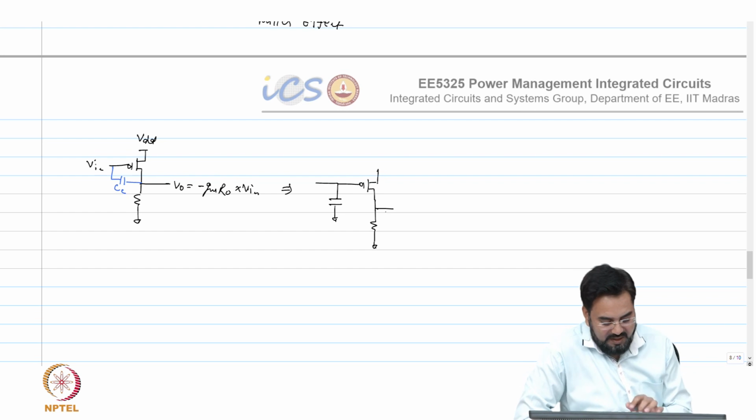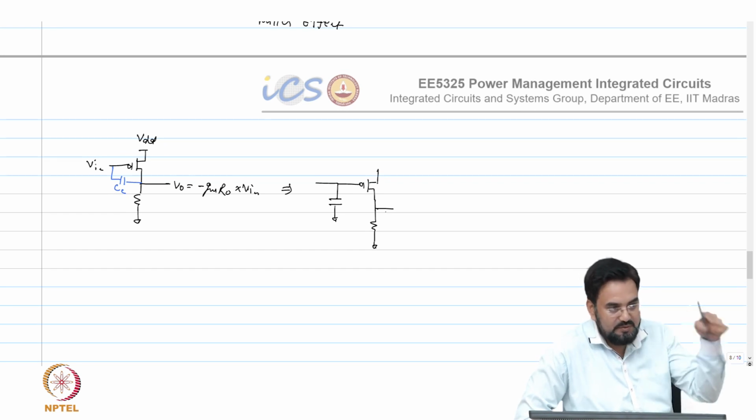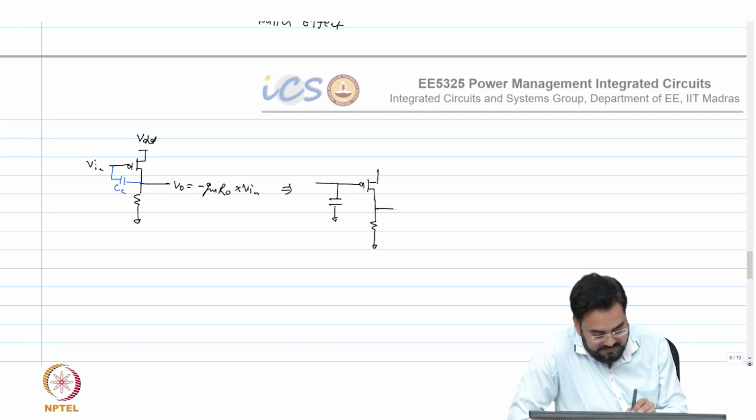Right now I'm not ignoring the effect at the output cap, but we'll take that into account when we do the actual analysis, but I'm just looking at the input cap. What will happen here?